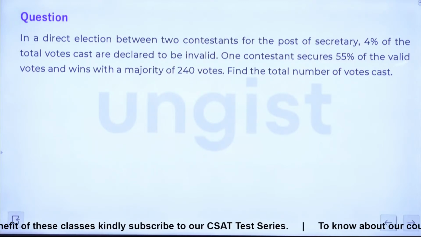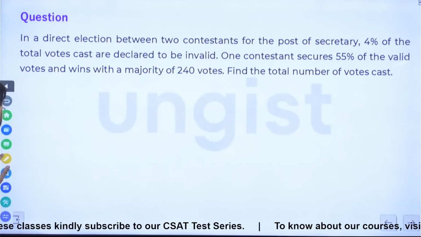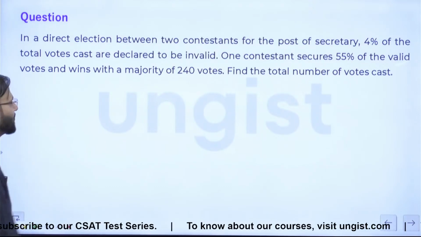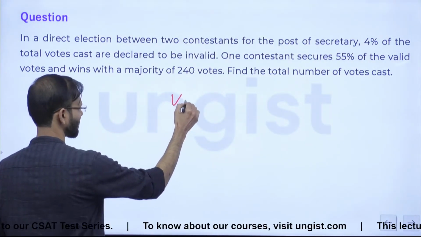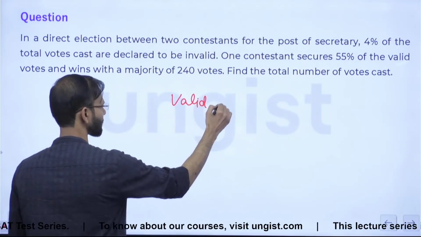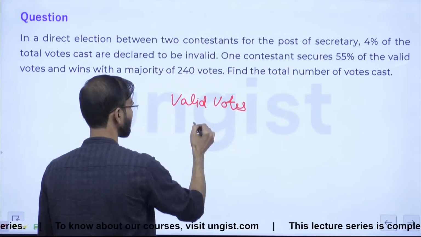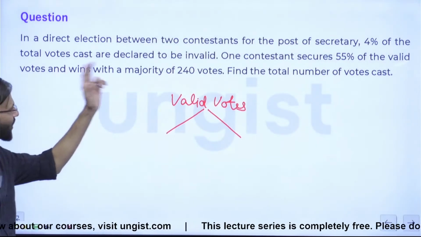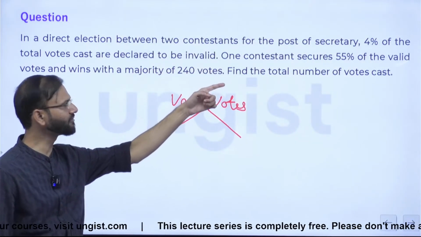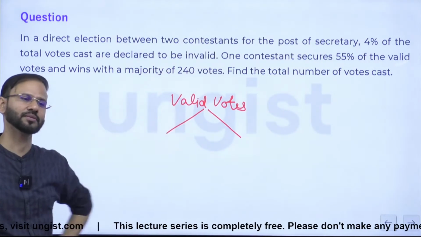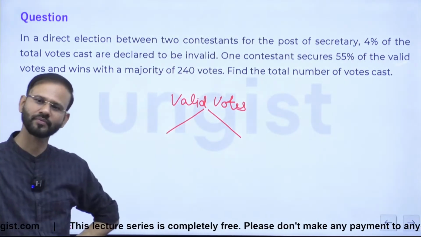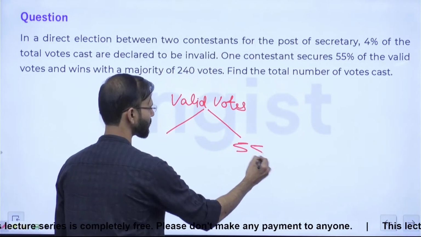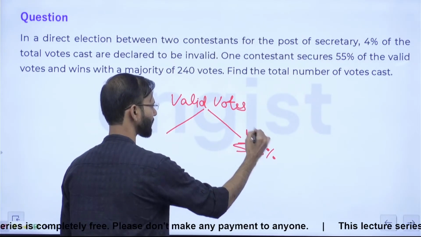Look, guys, here some votes got declared to be invalid also. So valid votes. Guys, the question is saying one contestant secures 55% of the valid votes, right? So 55% of the valid votes were secured by the winner, right?